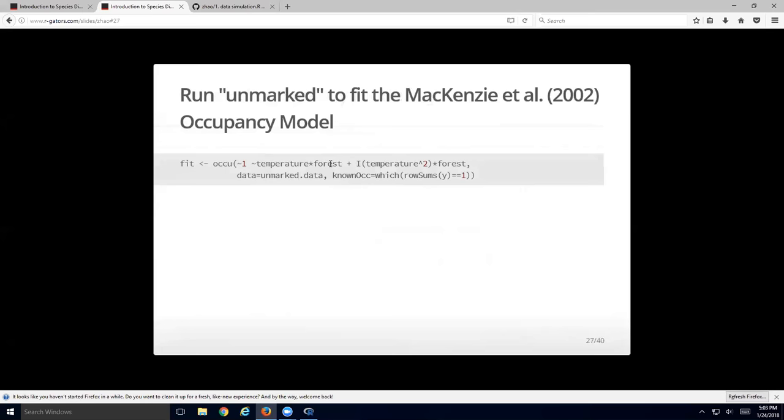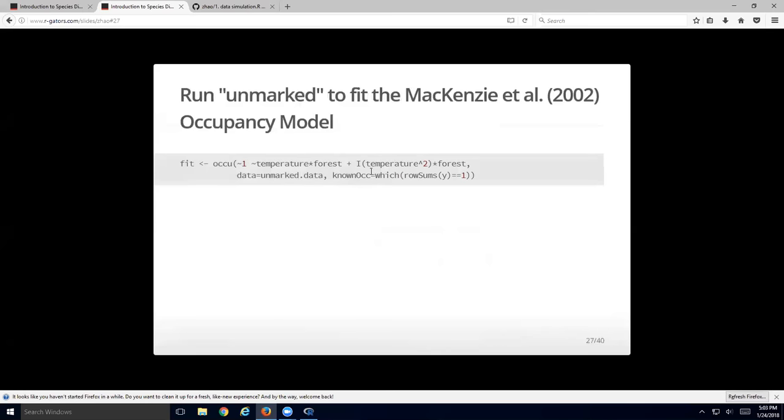form of the covariates you want to use. As I said, we learned that we want to incorporate the quadratic form of temperature, and we also want to consider the interactions between temperature and forest. That's why I write the formula like this. I think this first part is for the observation covariates, so that's a constant.